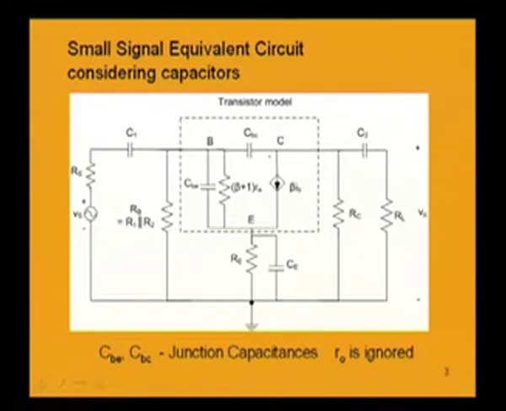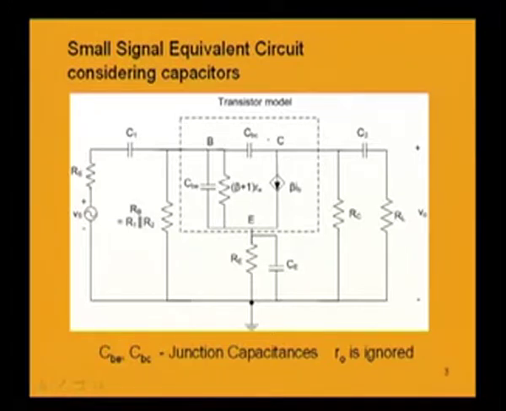That is why the transistor model has CBE, the diffusion capacitance of the forward biased emitter-base junction, and CBC, the junction capacitance of the reverse bias diode between collector and base.